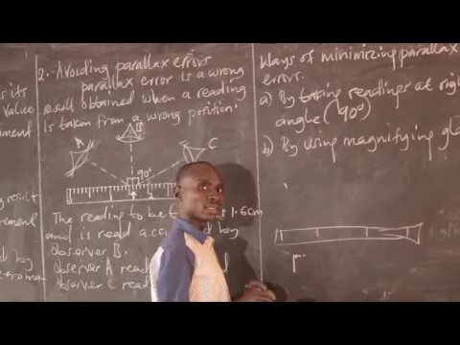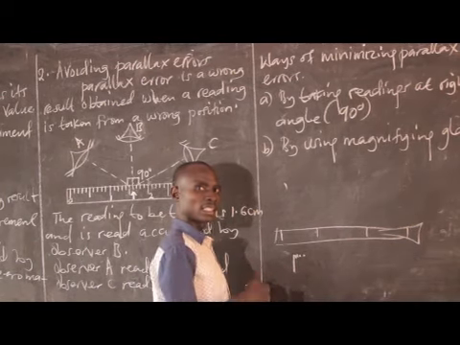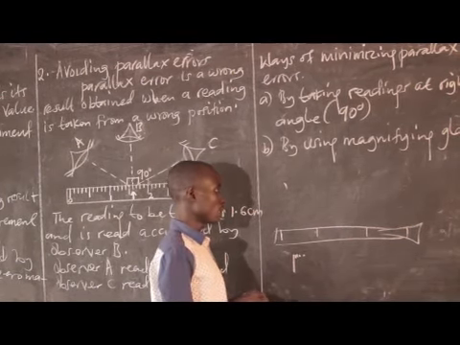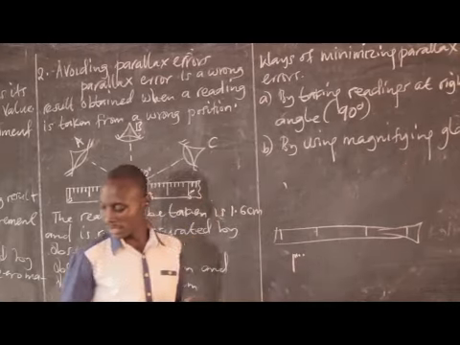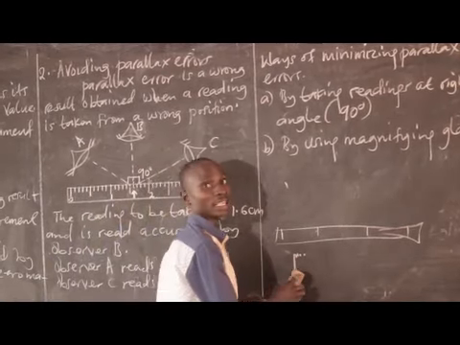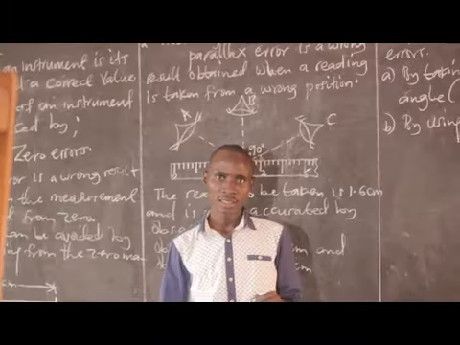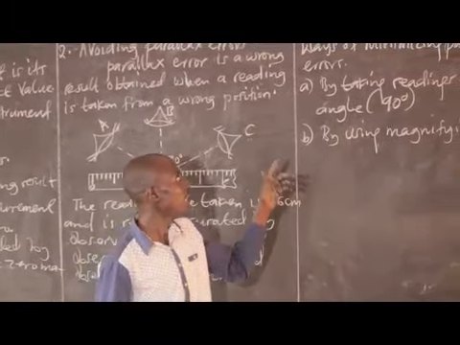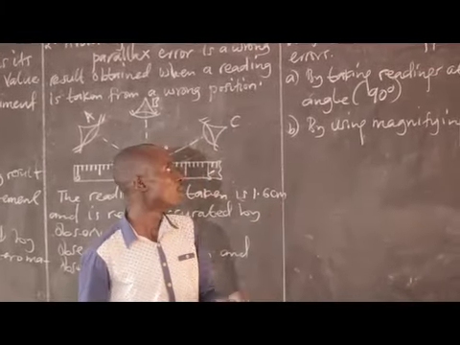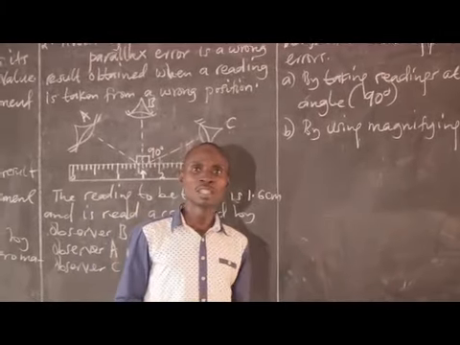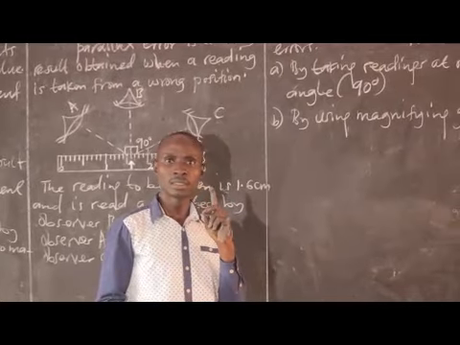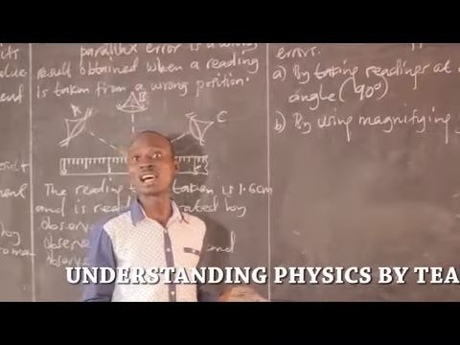But for readings which are closely spaced, take caution. Put your eyes directly in line with the reading you want to take. We say you have taken that reading normally, or at right angles. Listen, don't say just 1 by taking this item, and 2 by using magnifying glasses; you are giving me 1 point. That is avoiding parallax errors.